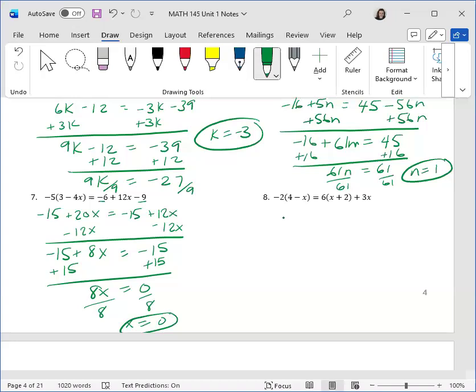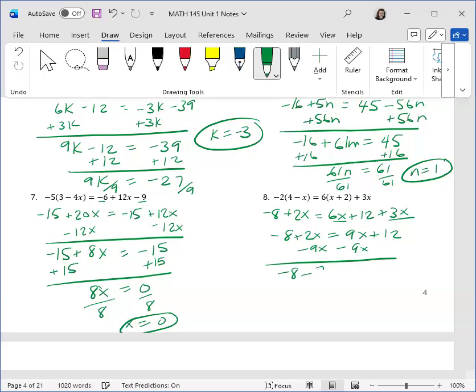Okay, number 8, there are two sets of parentheses, so I'm going to take care of distributing both of those in this same step. All right, combining those like terms, we would get 9x plus 12 on that right side. I'm going to subtract 9x from both sides.